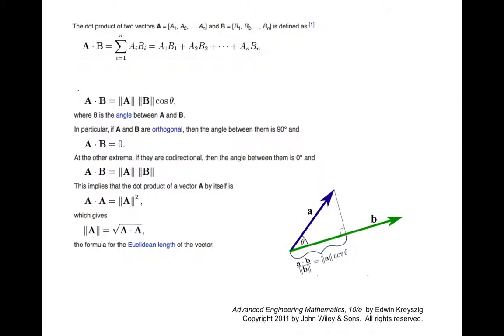So that's a test for orthogonality that extends beyond 2-dimensional geometry. So you can have an n-dimensional geometry. At that point, it gets very difficult to visualize what 90 degrees is, but it is very easy to take a dot product and know that if it results in 0, you have orthogonal vectors.